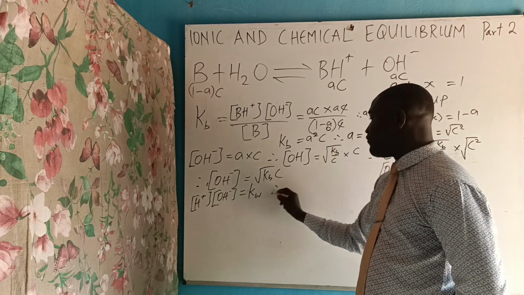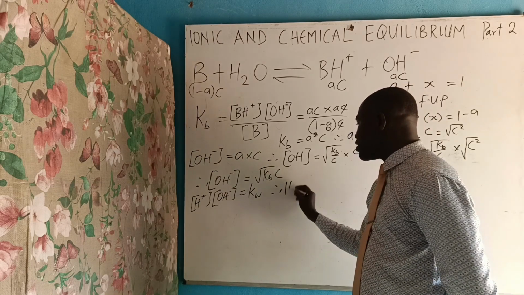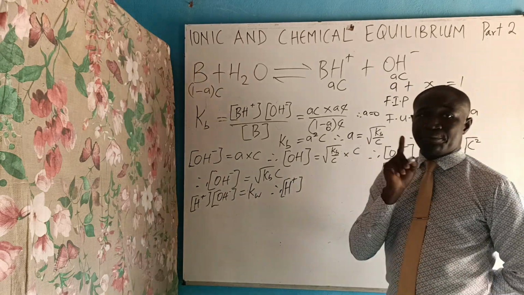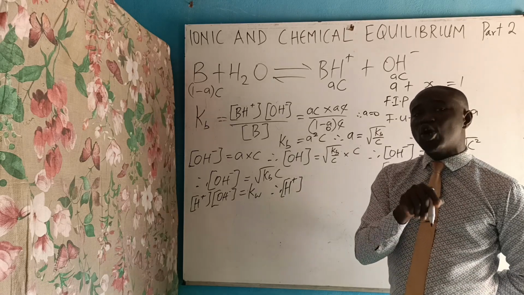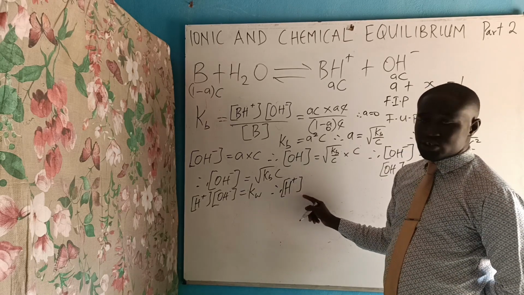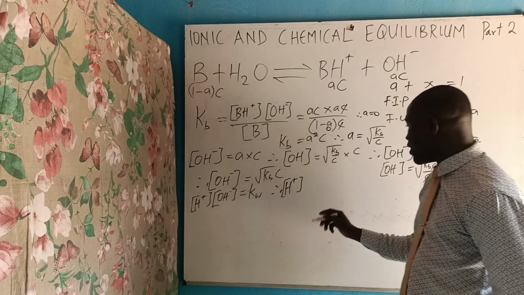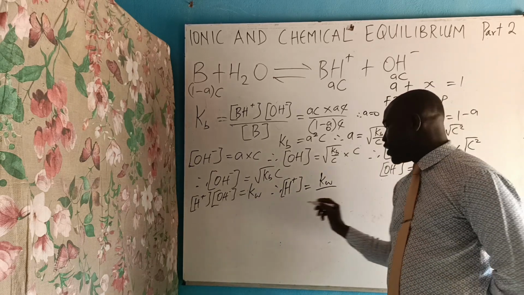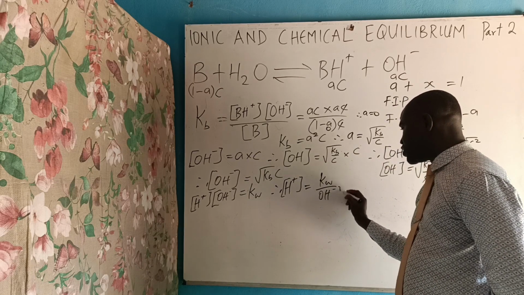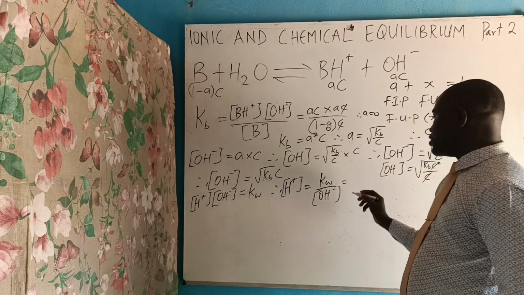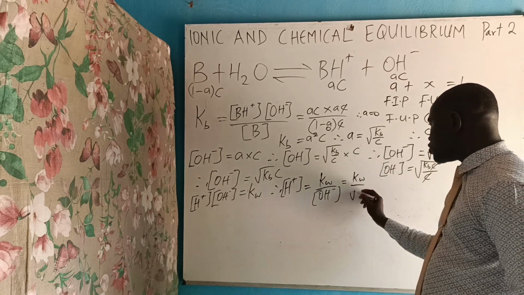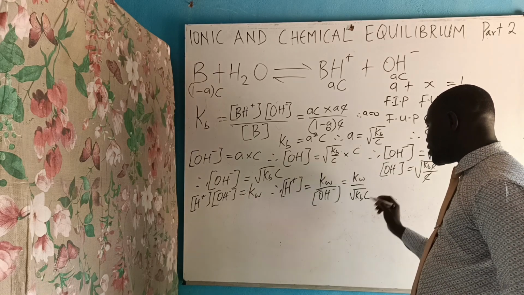Making concentration of H the subject of formula, because pH is the measure of hydrogen ion concentration, concentration of hydrogen is equal to Kw over concentration of OH. And the concentration of OH is equal to square root of KbC.